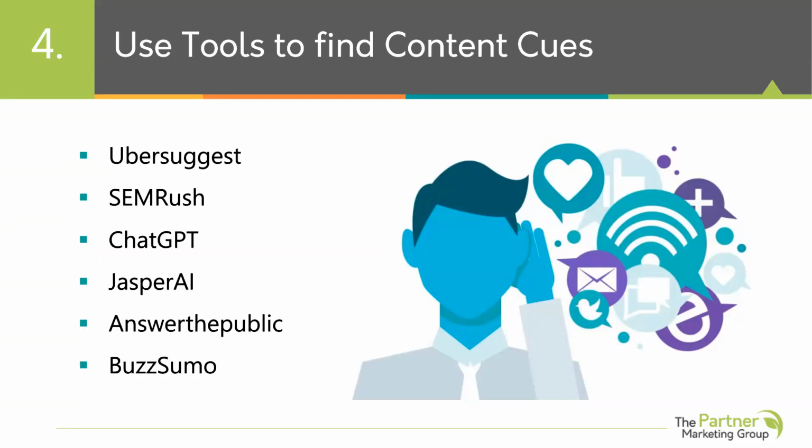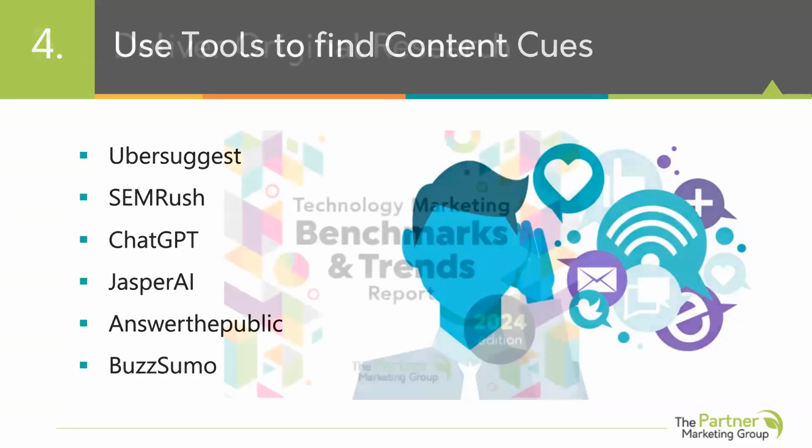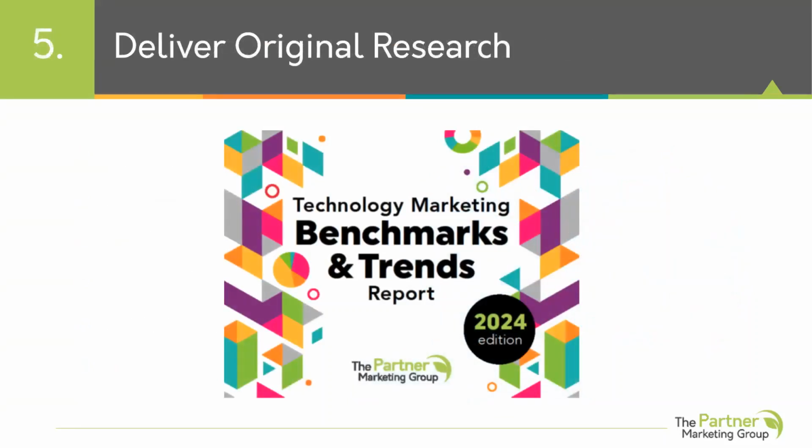new content topics. Now, when it comes to content, one of the really most compelling types of content is original research. It is certainly harder to pull off, but it goes such a long way. Thinking back to that content hub, all of the information that can come from original research that you've done is going to be very compelling.